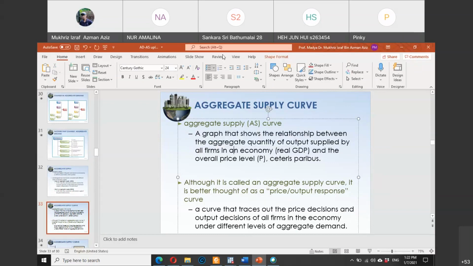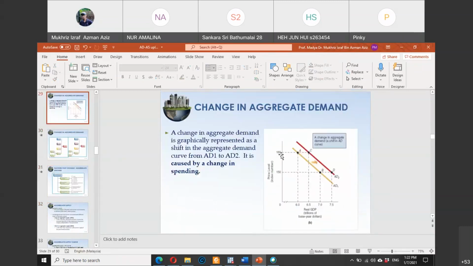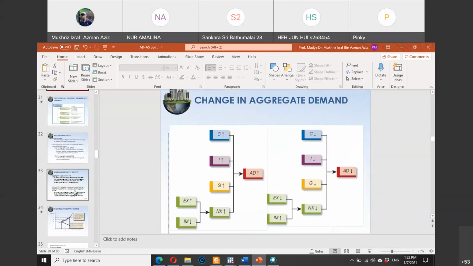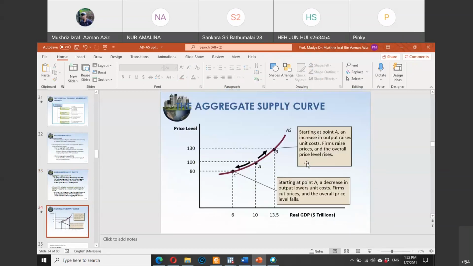So it is also showing the relationship between the quantity of output supplied by all firms at various price levels, ceteris paribus, meaning other factors remain constant. That is the supply curve definition.